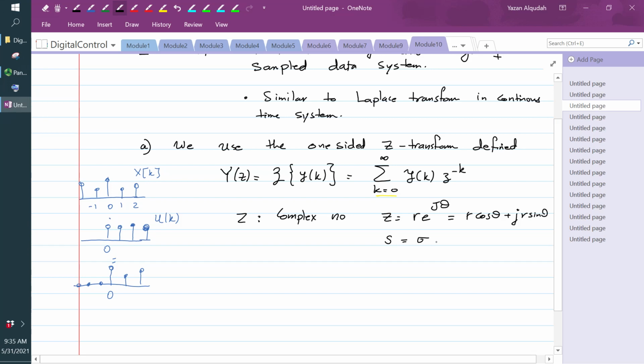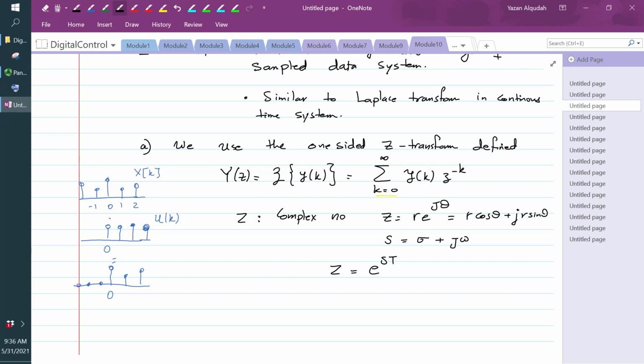We could write it as sigma plus j omega. So similar to how s is a complex number, Z is also a complex number. It has a real part and imaginary part. And if you remember, Z was equal to e to s multiplied by t. So the relationship between Z and s is that Z is equal to e to s multiplied by t.